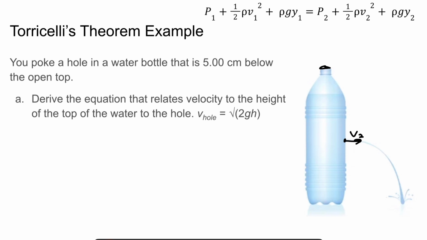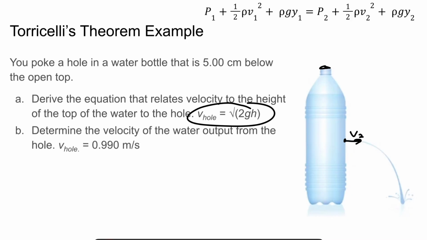So we can derive an equation that relates the velocity coming out of the hole to the height of the top of the water relative to the hole. That's basically what we just did, right? But you might want to take a moment to practice that yourself so that you can derive this on your own and understand why we simplified everything down to this.